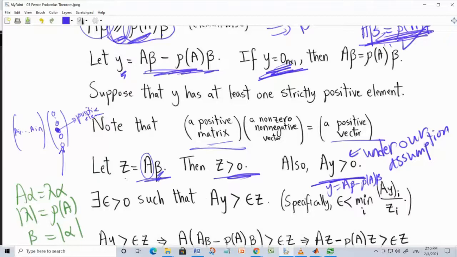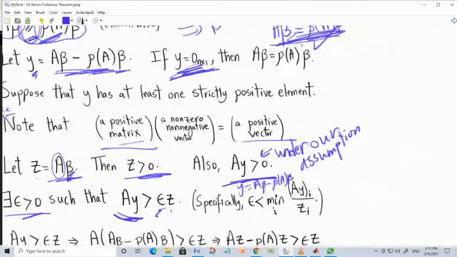Claim: if you have two strictly positive vectors, and the vectors I'm talking about here are basically vector Z, which is A beta, and AY, you can always find a strictly positive epsilon such that one of those positive vectors, and here I will take it to be AY, is strictly greater than, again elementwise, epsilon, this positive constant, multiplied by Z. You can always do this.